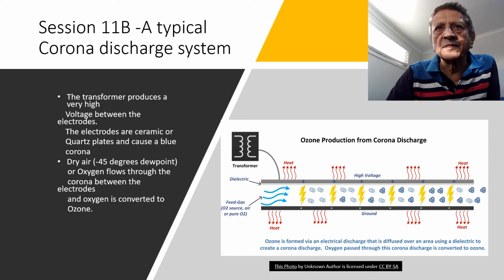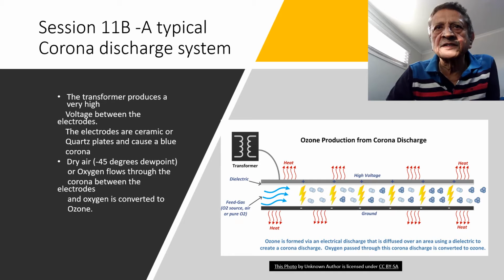When high power, high voltage is applied on one end using the transformer and either air or oxygen is passed through between the two electrodes, the oxygen dissociates as it proceeds along the cell tube and forms ozone.